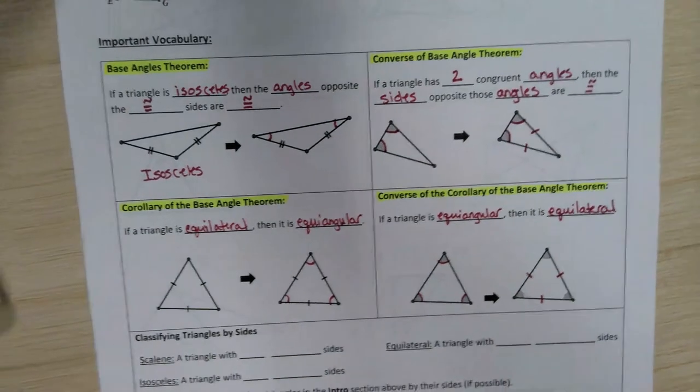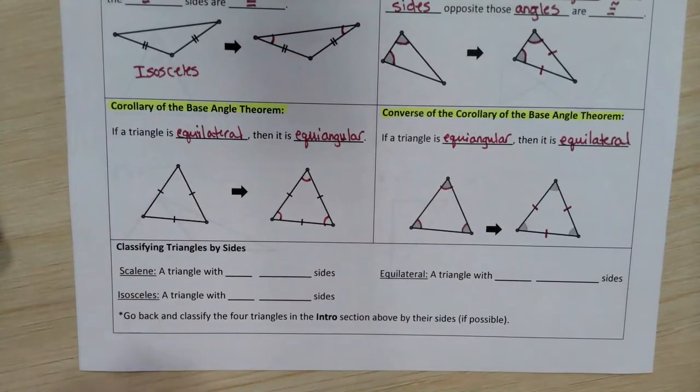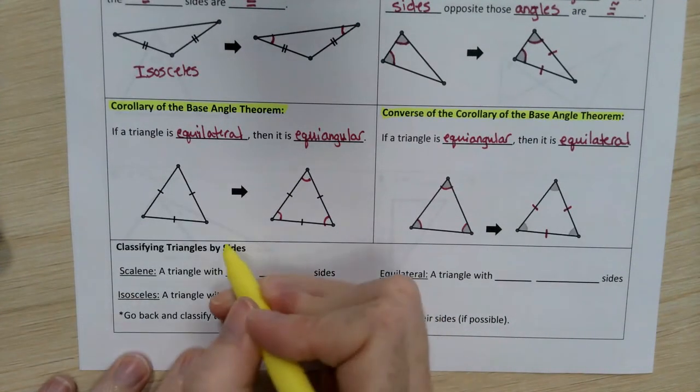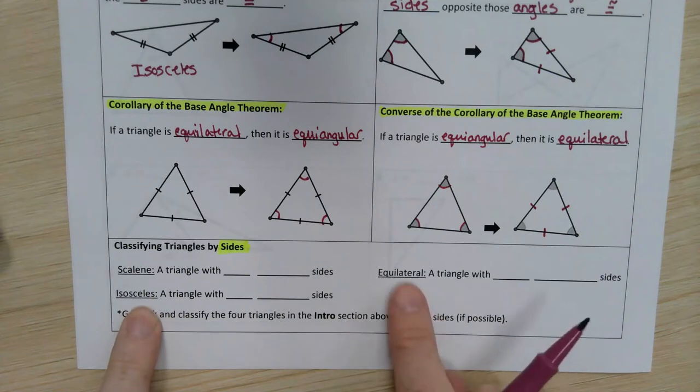All right, the second phase of today is to continue our classifying. So yesterday, or in our previous notes, we classified triangles based on angles. Today, we're adding some more vocabulary words that will help us classify triangles based on sides. And we've already used two of these vocabulary words today. So isosceles and equilateral have already popped up.